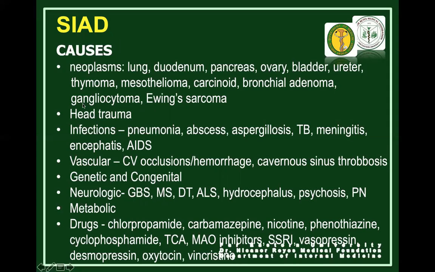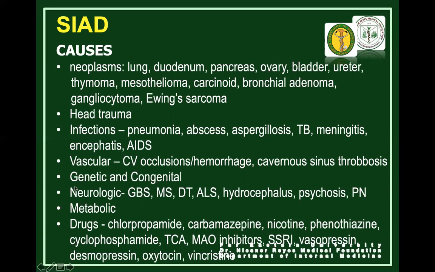There can be head trauma that can cause SIAD. There can be infections, especially pneumonia, abscess, aspergillosis, TB, meningitis, encephalitis and AIDS. It can also be vascular, so strokes, CV occlusion or hemorrhage, cavernous sinus thrombosis.